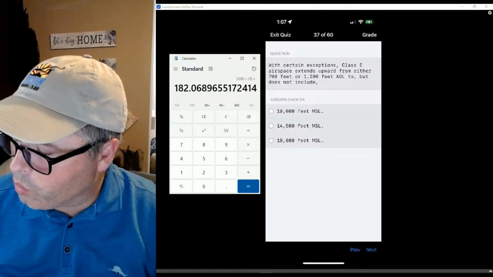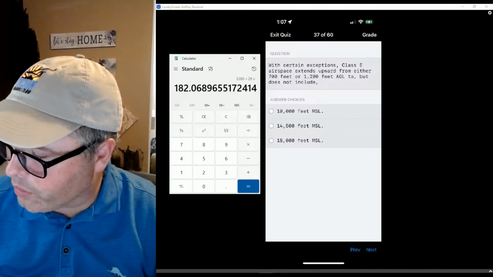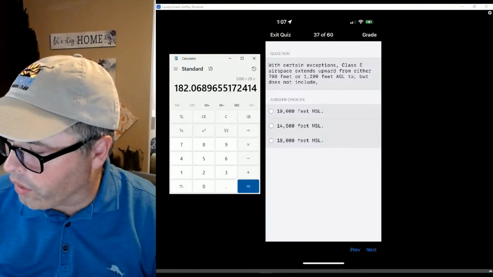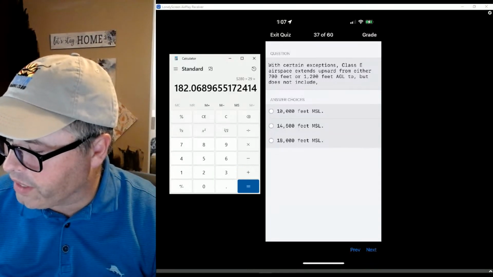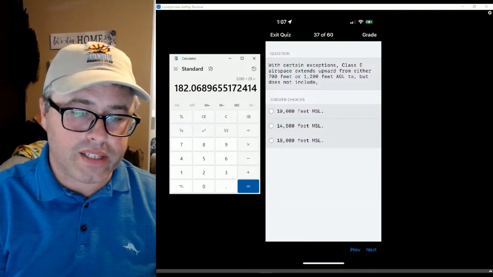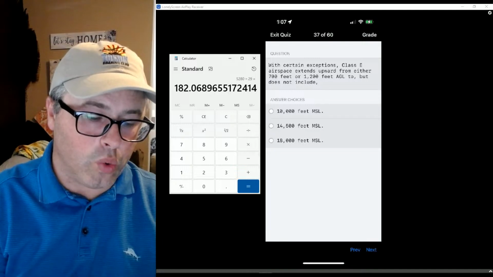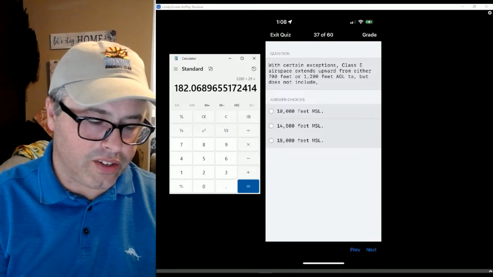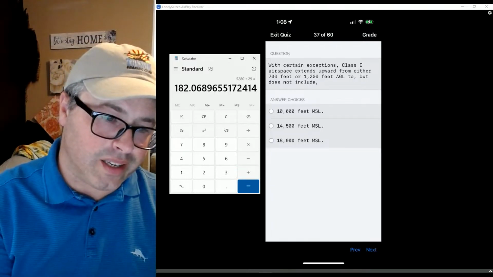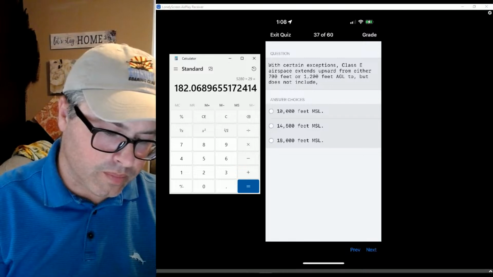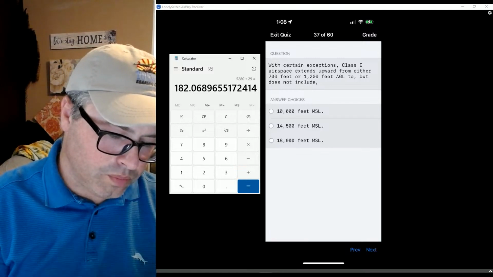With certain exceptions, Class E airspace extends upward from either 700 or 1,200 feet AGL to, but does not include, 10,000 feet MSL, 14,500 feet MSL, or 18,000 feet MSL. What they're really asking is what is the overlying airspace?